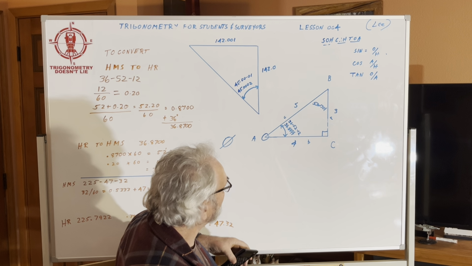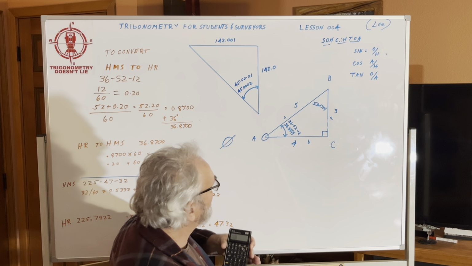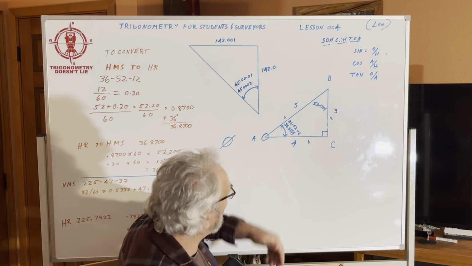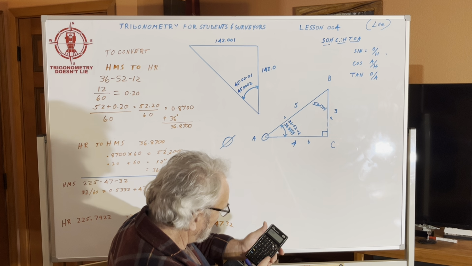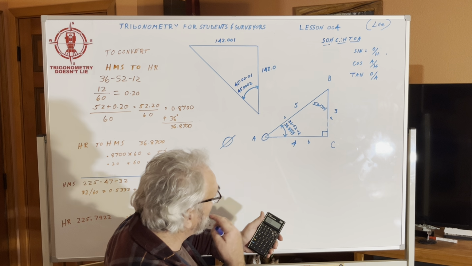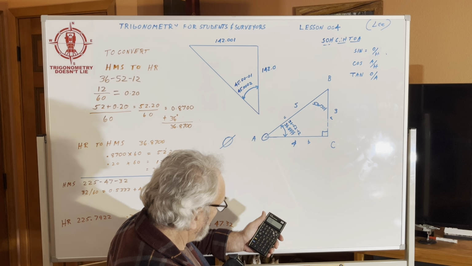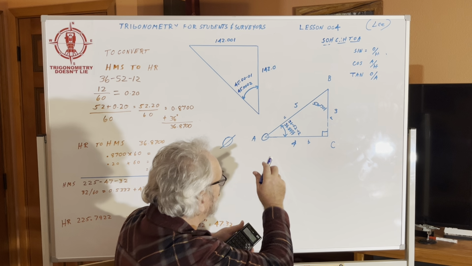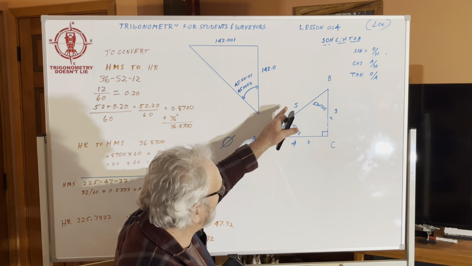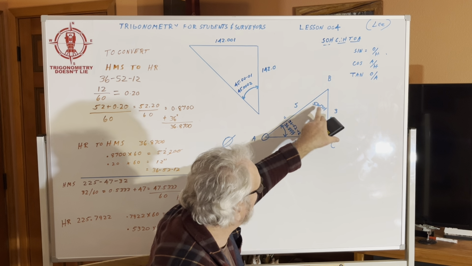All right. Now let me show you something else. We have 4 over 5 is the cosine. So we're just going to go 4, enter, 5, divide. That's the ratio, 0.80. Now we're going to hit arc cosine, and we got 36.86.99. Let's try to do that in reverse, because here we did it in reverse and we got that.